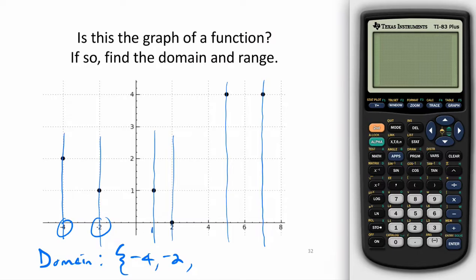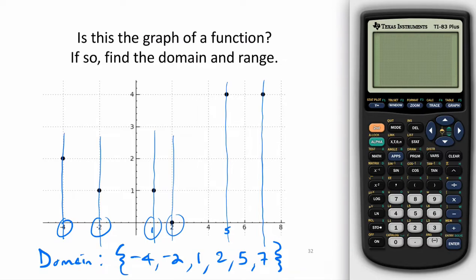This is about 1 here. 1 is in the domain, 2 is in the domain, 5 appears to be in the domain. I'm reading these approximately. And 7, that looks like 7 to me. So I would say that's the domain of the function.